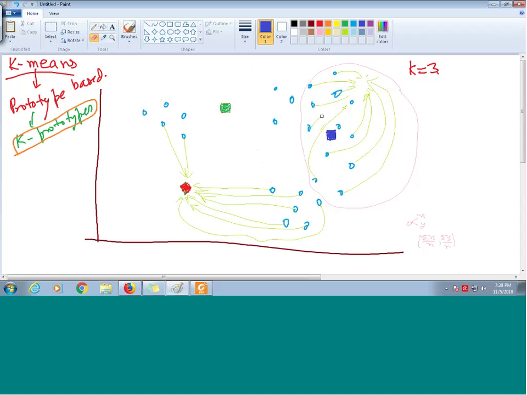So are you happy with this approach, that the centroid should not be there, it should be here? Because it's the representative, and if it is a representative, it should be near the points, so that there is not much difference. It's a prototype, it is representing the items.